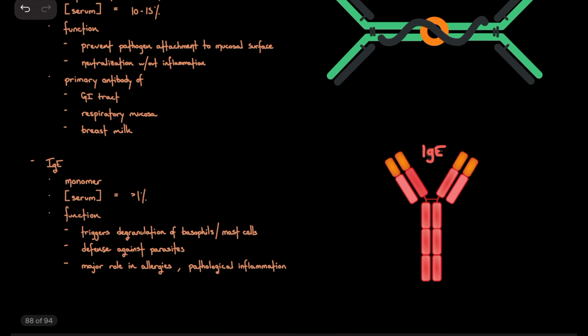All right. And last but not least, IgE, definitely very, very piddling in percentage. We do not have a lot of these, but you should understand them for allergies. If you guys get deeper into pathology and immunology and allergies, this is very important. So they trigger the degranulation of those basophils and mast cells. Really good at a swarm defense against parasites, but a real major role in allergies.